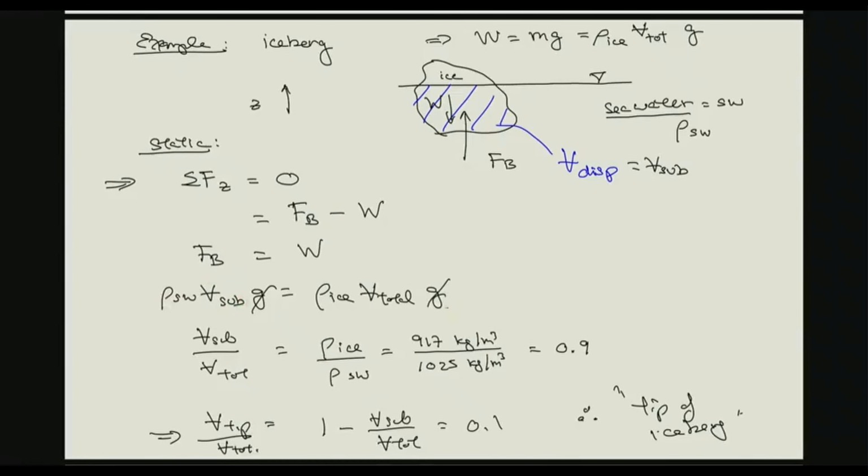Then you can solve for the ratio of the submerged volume to the total volume, which is equal to the ratio of the density of the ice to the seawater, which is 0.9. Or you can evaluate 1 minus this, which would be the ratio of the volume of just the tip coming out to the total volume, and that's 0.1, or only 10%, which is why people are always saying tip of the iceberg. So that's the example problem there.